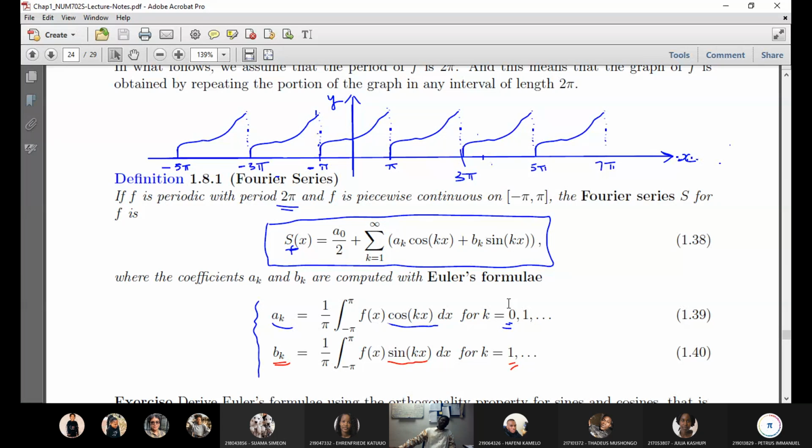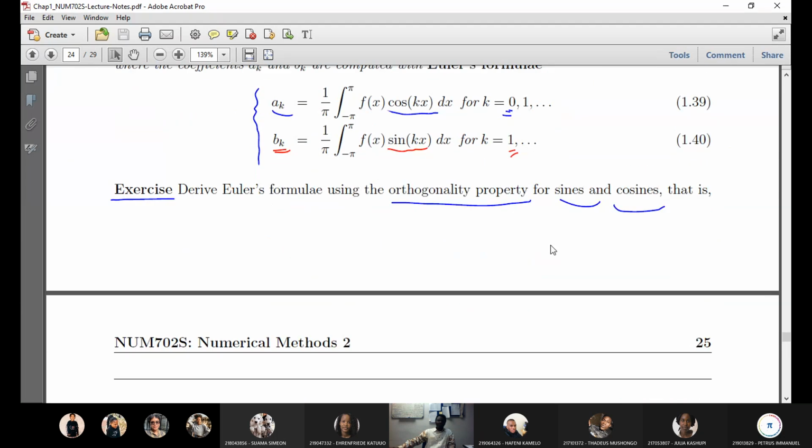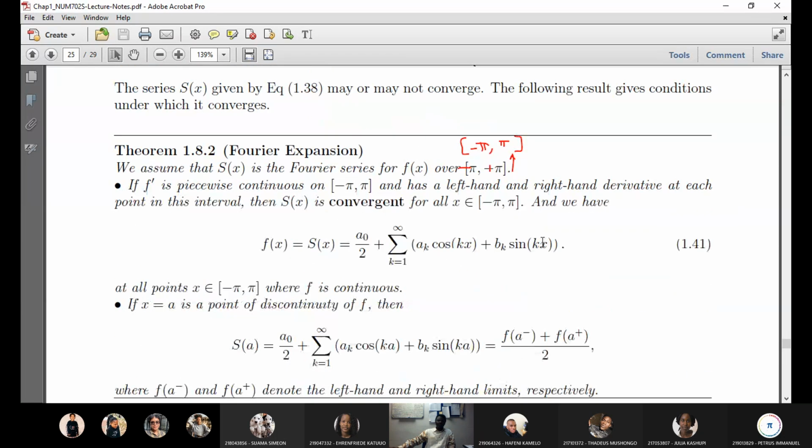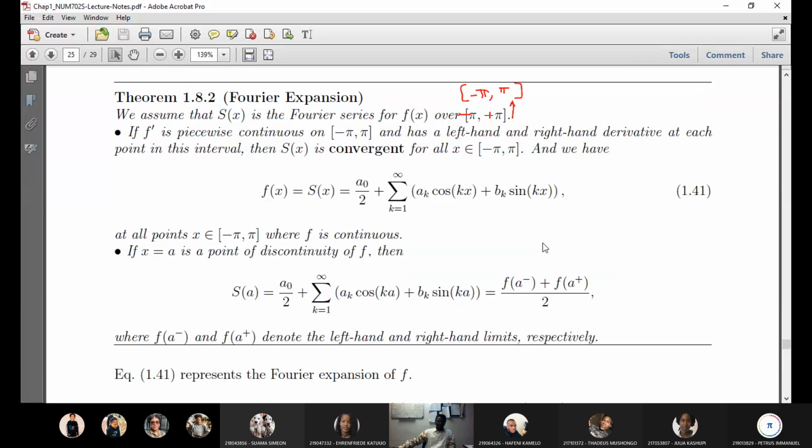Now, when it comes to convergence, there's a theorem, the Fourier expansion theorem, which gives us a condition for the Fourier series to converge towards f of x at a certain point x.